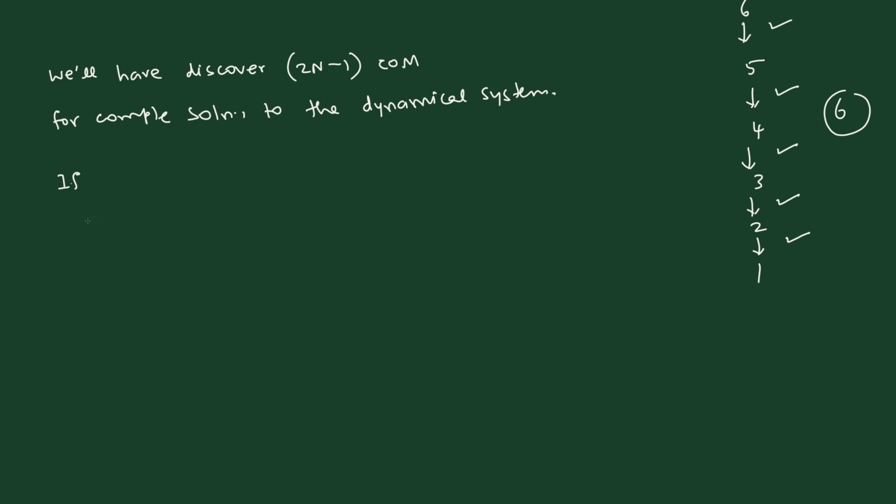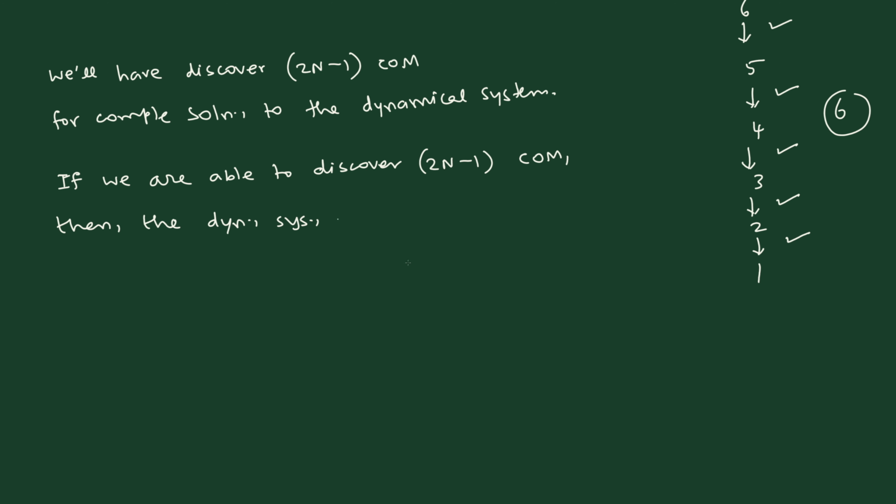Okay, so let me write down here the important terminology. If we can discover, or if we are able to discover or find, 2n minus 1 constants of the motion, then that particular dynamical system is said to be maximally superintegrable.